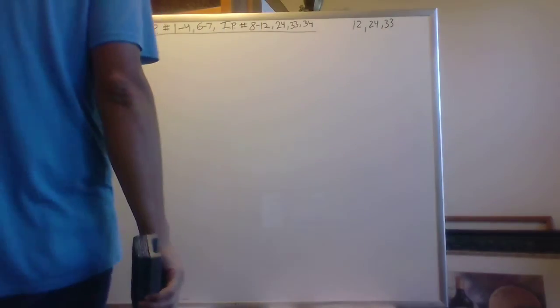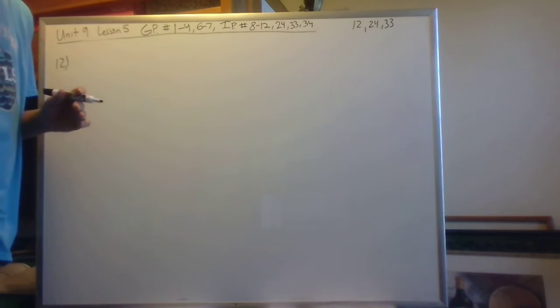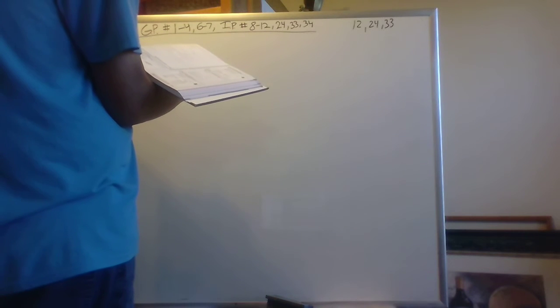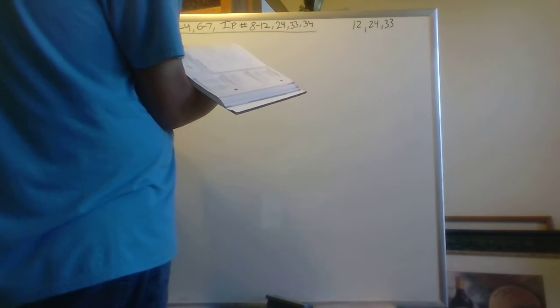All right, so let's look at number 12. It's kind of like what we did in the guided practice. We are given 4 vertices for this trapezoid.